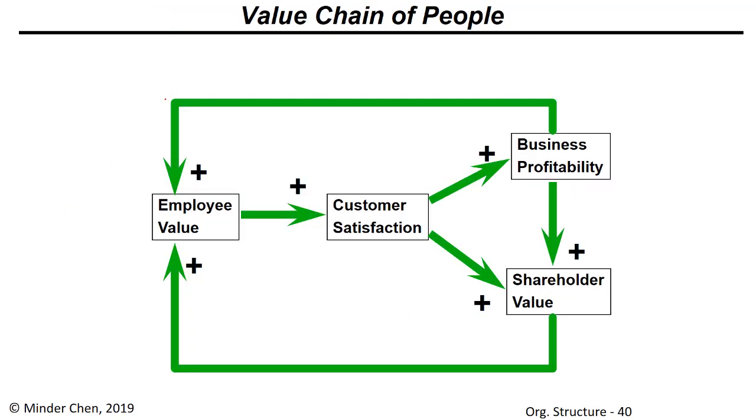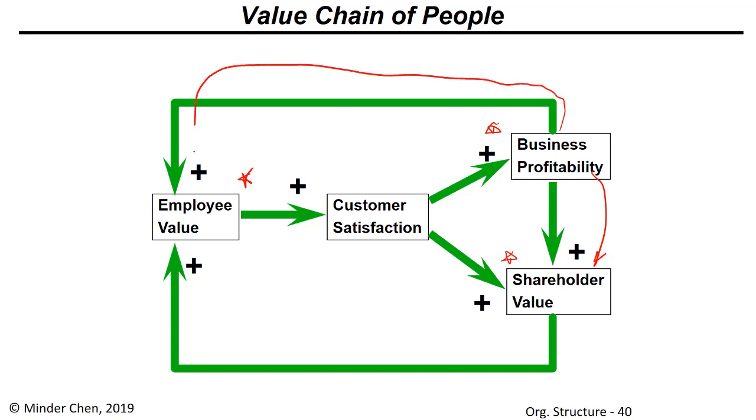If we use the so-called value chain of people, you will find out that when you have satisfied employees that are happy, they will create a working environment which makes customers happy. When you have happy and satisfied customers, your business profitability will increase, which will also increase the shareholders' value.